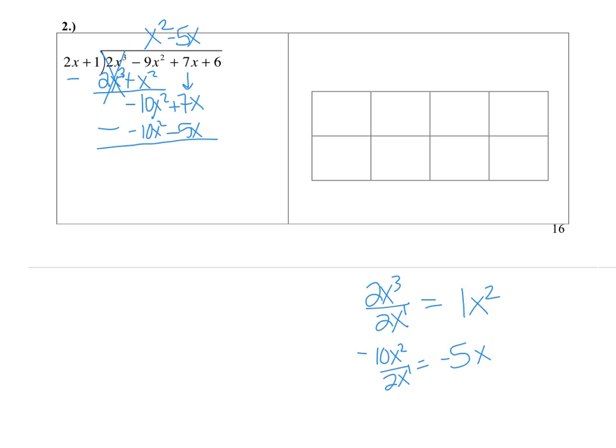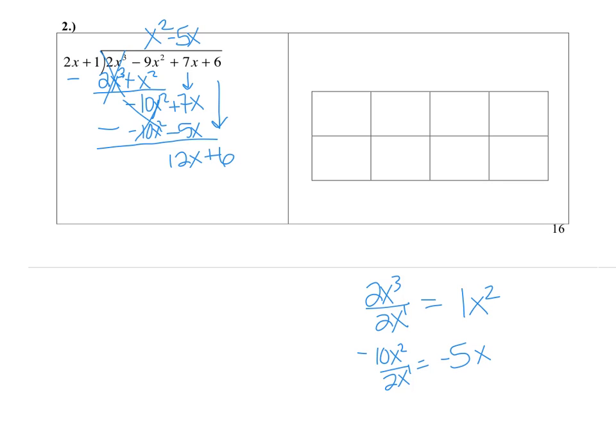And now we subtract. So negative 10 take away negative 10 is really negative 10 plus 10, which is 0, which is good. I need to eliminate that place value column. And then 7x take away negative 5x is really 7x plus 5x, so you get 12x. And then you bring down your next place value column.